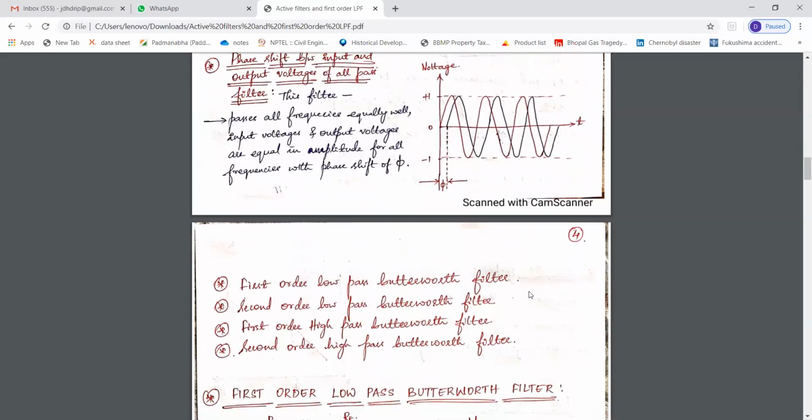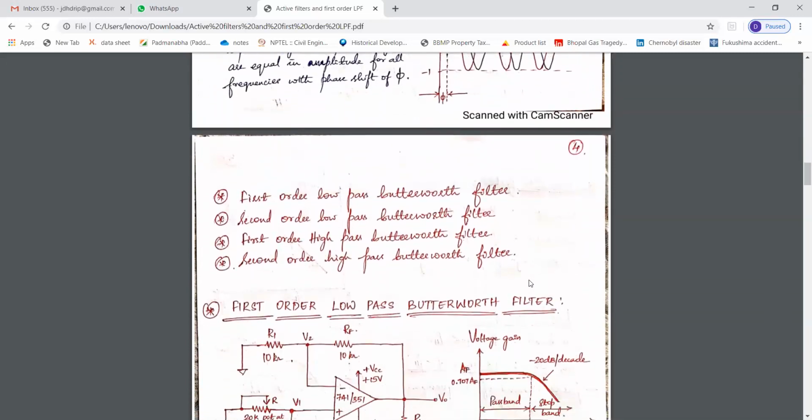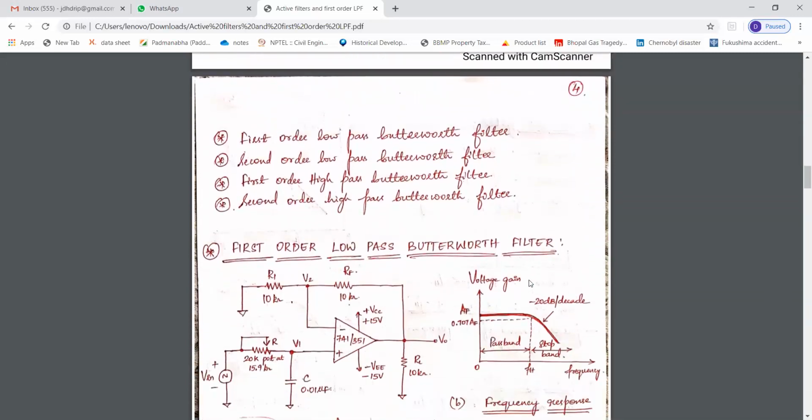And next we have study of first order low pass Butterworth filter, second order low pass Butterworth filter, and first order high pass Butterworth filter and second order high pass Butterworth filter. In this session, we'll study about first order low pass Butterworth filter.